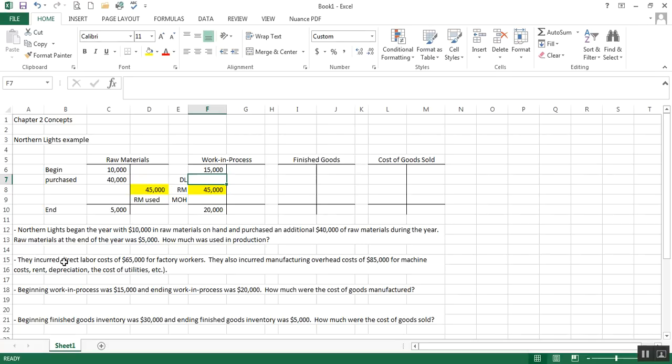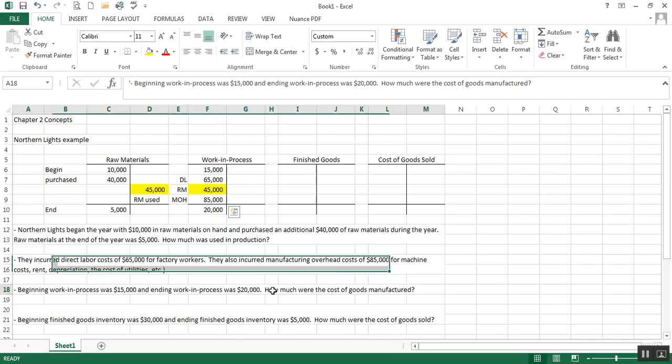Let's look here. They incurred direct labor cost of $65,000 for the factory workers, and they also incurred manufacturing overhead costs of $85,000 for machine costs, rent, depreciation, the cost of utilities, etc. When you look at your work in process account, you're always going to have these 3 items: direct labor, raw materials, and manufacturing overhead. These concepts are going to carry throughout the rest of the semester, so make sure you understand those concepts.